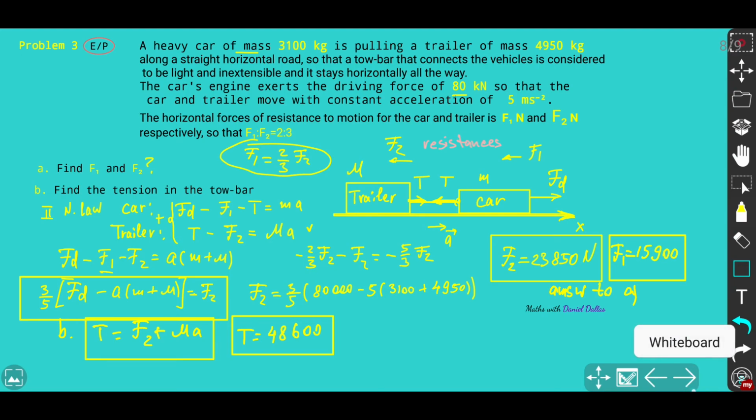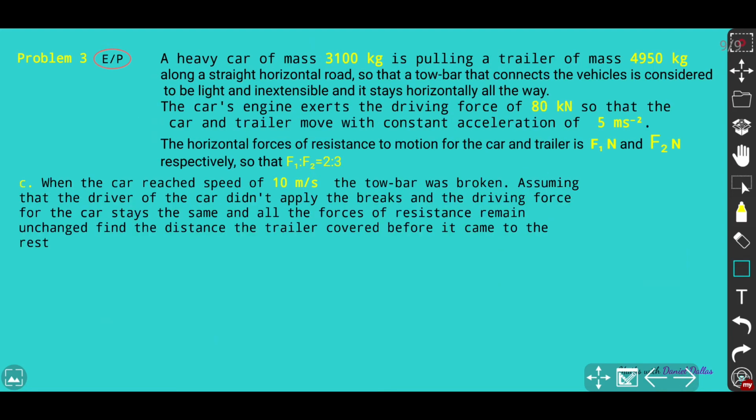When the car reached a speed of 10 meters per second, the tow bar was broken. That means the car is moving faster, right? Because the car didn't apply the brakes all the way along, the trailer was left on its own. The driving force for the car stays the same, so it means he didn't apply any changes to its motion, and that's why it just moved far away.